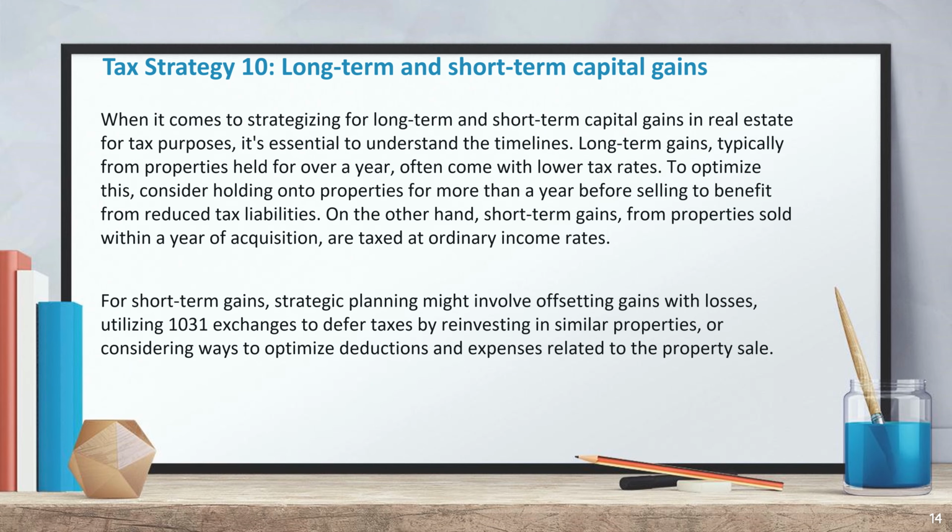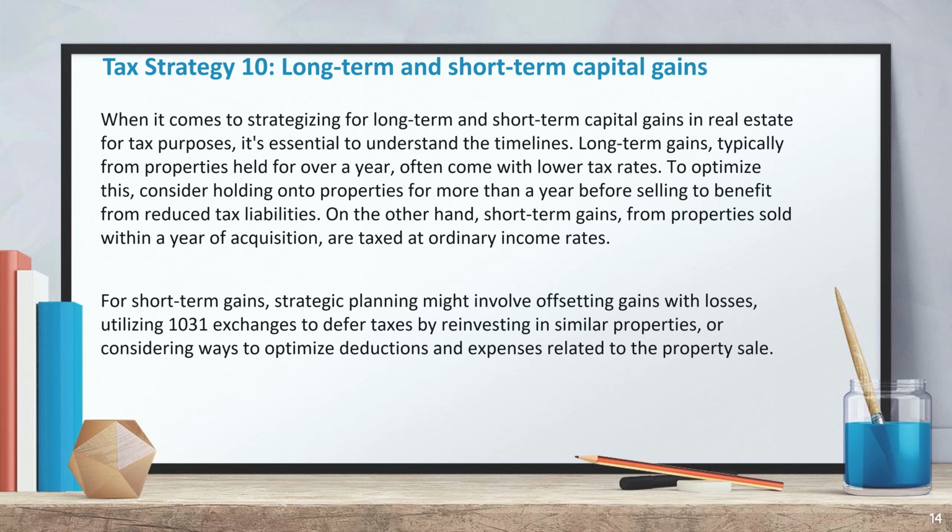When it comes to strategizing for long-term and short-term capital gains in real estate for tax purposes, it's essential to understand the timelines. Long-term gains, typically from properties held for over a year, often come with lower tax rates. To optimize this, consider holding on to properties for more than a year before selling to benefit from reduced tax liabilities.